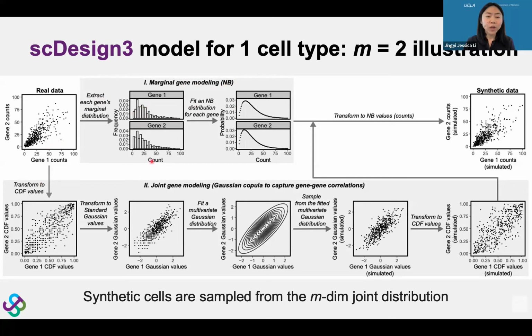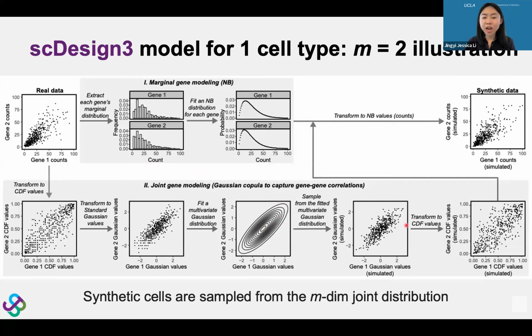Then second, we use those fitted CDFs to transform each gene to CDF values. Further, we use the inverse Gaussian CDF to transform each gene to Gaussian values. And then we fit a multivariate Gaussian distribution, where here it's a two-dimensional Gaussian distribution. Then from here on, we can do sampling.